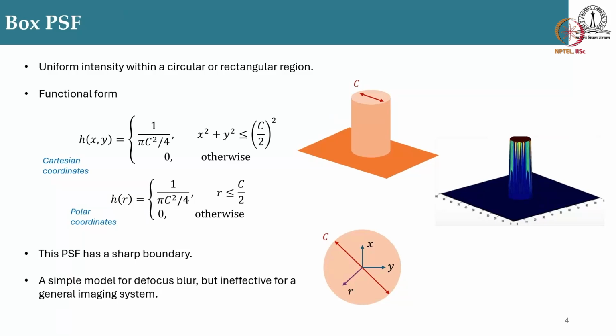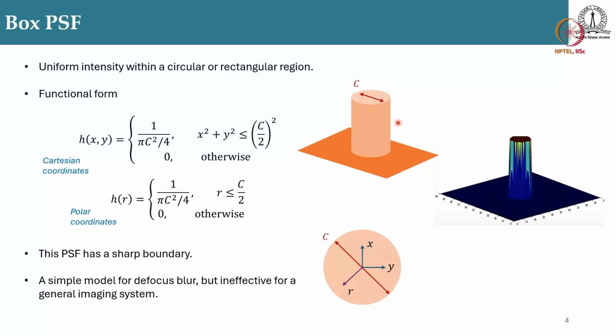Let us now discuss a few standard point spread functions which are very popular in literature or in practical implementations. The simplest one is the box point spread function. Here it is assumed that the intensity is uniformly distributed within a circular region, and this circular region corresponds to the blur circle. This is represented schematically here, where you can see that the intensity is uniformly distributed.